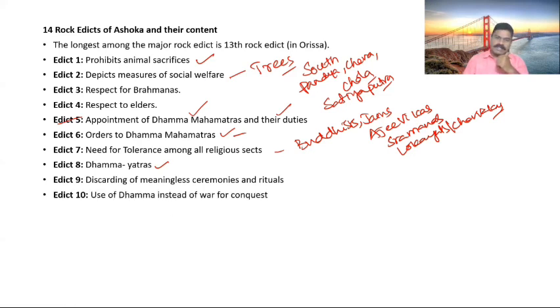10th Major Rock Edict: use of Dhamma instead of war of conquest. This is what is called Dhamma Vijaya. Ashoka followed Dhamma Vijaya, conquest through peaceful means. First, he used to send a letter.